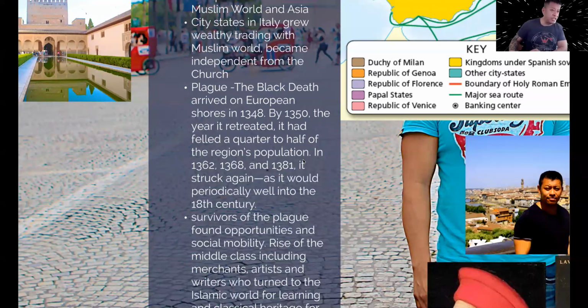These 4 plagues wiped out 60% of the population. Now, it happened in Europe because Europe was colder and cities in Europe were dirty. It didn't happen in Islamic cities because they were warmer and cleaner. Survivors found opportunities, and ordinary people found opportunities to become wealthy.